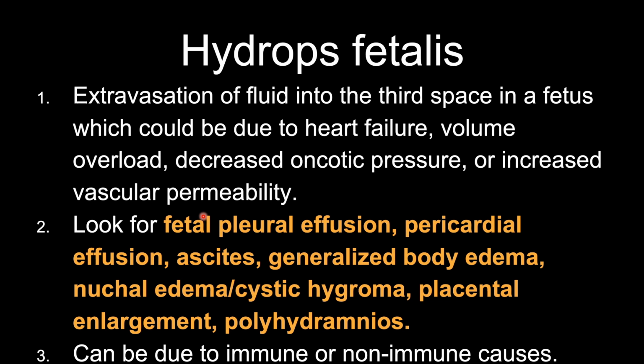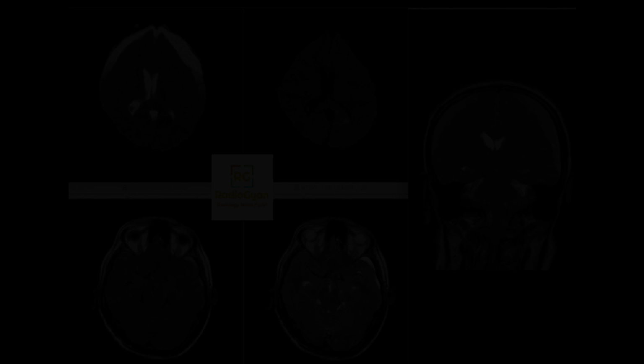We saw all of these in our case. Additionally, there can be nuchal edema or cystic hygroma, placental enlargement, and polyhydramnios. Earlier, immune causes were very common due to Rh incompatibility, but nowadays the most common causes are non-immune causes.